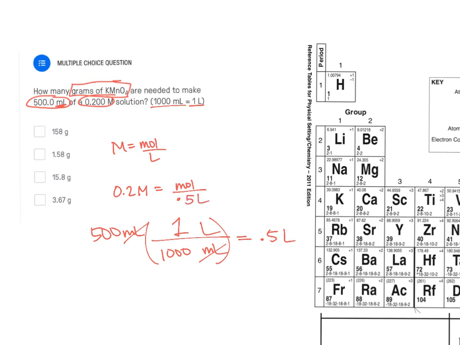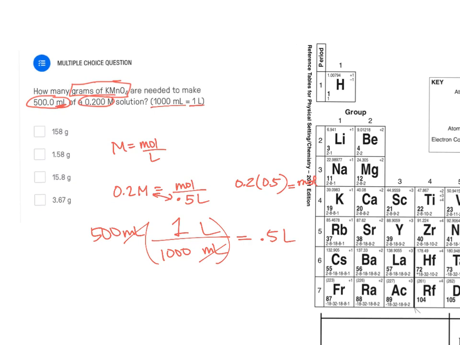All right, now the question is asking for the grams of KMnO4, not the moles. So let's first get the moles, by cross multiplying. 0.2 times 0.5 is going to give you the answer in moles.